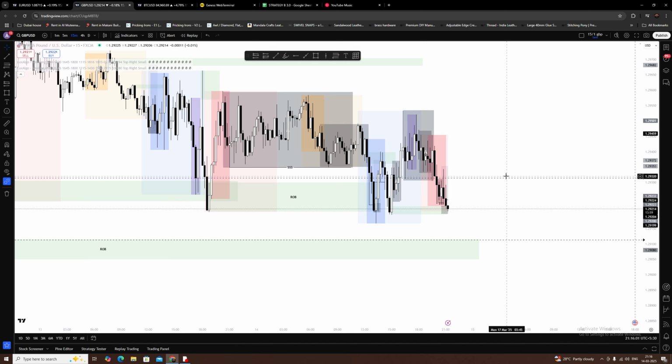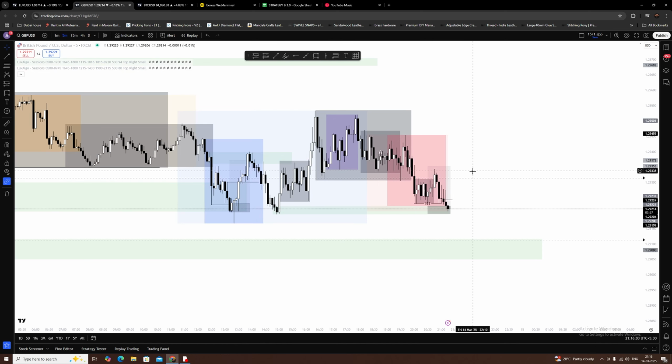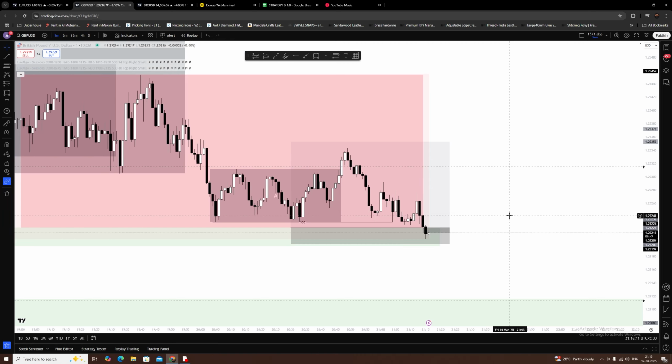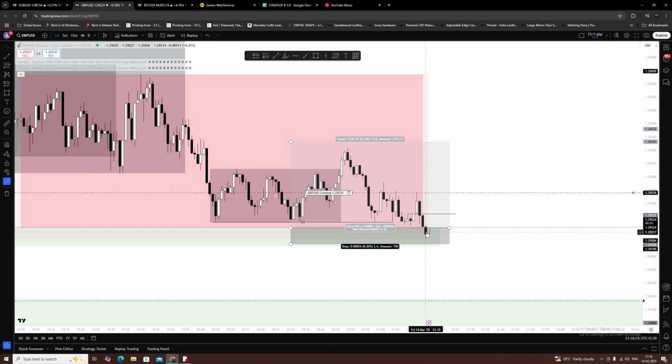Yeah, that's it. For this level to be respected, it needs to break this. Only after it breaks this, we have any action. Till then, only observation.